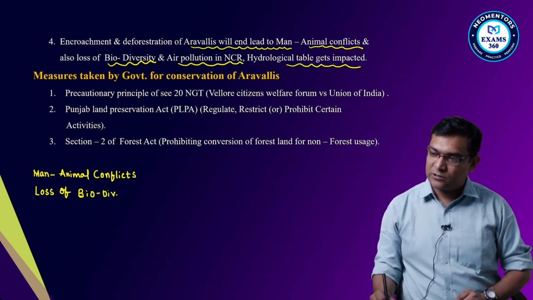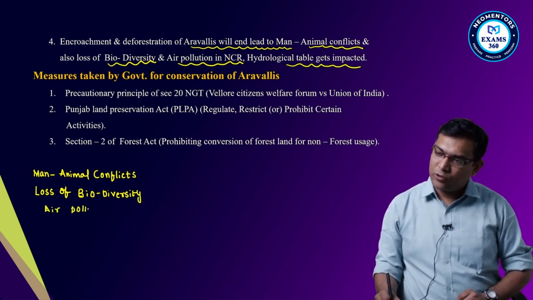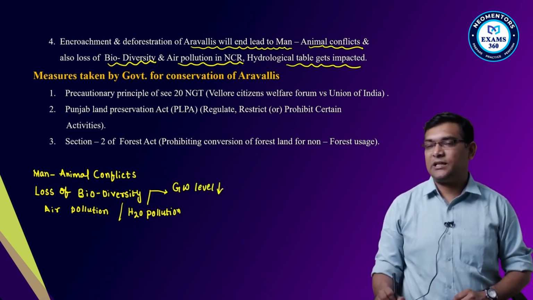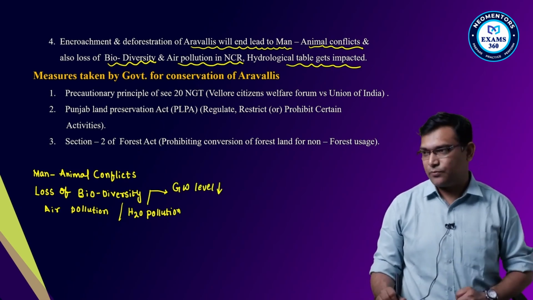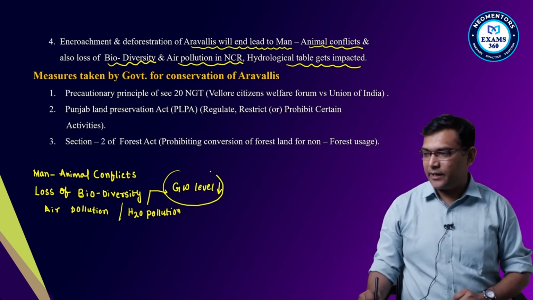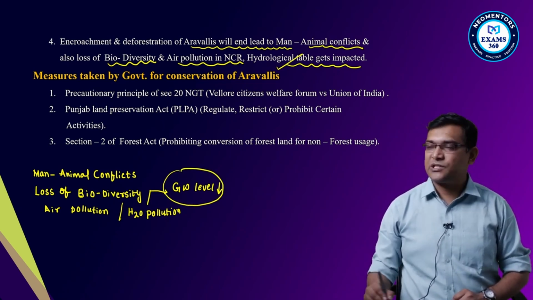Number three, air pollution. Not only this, but water is also getting polluted, and it can lead to a decrease in the groundwater level. Okay, this can also happen. Then hydrological, that is nothing but your hydrological cycle. Okay, the hydrological table will be changed.